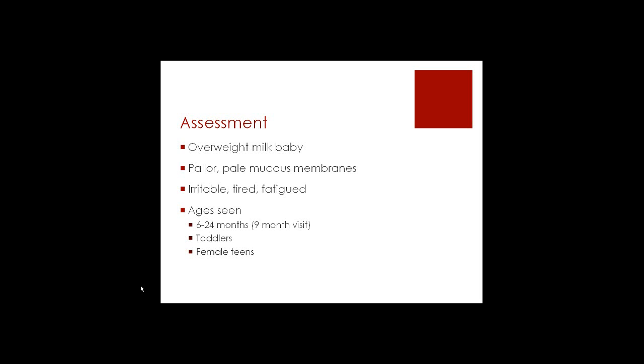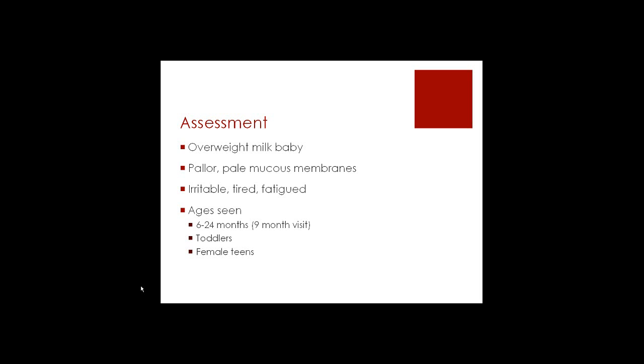It is recommended that they have full vitamin D, full fat milk at this time. But sometimes these babies are drinking too much milk, and cow's milk does not have very much iron, unlike their formula.